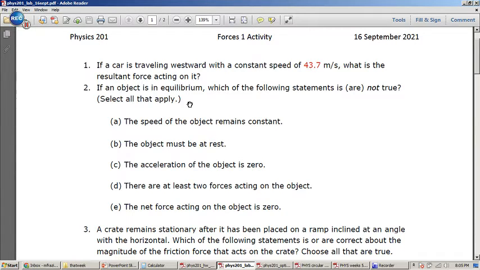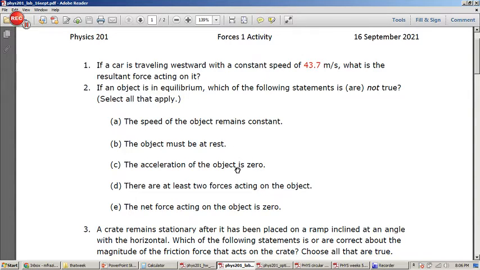So number 2 is talking about equilibrium, which we kind of talked about in previous videos. Equilibrium is that the acceleration is 0, and that is telling you something about the forces. It also tells you something about the velocity. Right? So if the acceleration is 0, is the speed constant or does it change? Does the object need to be at rest if the acceleration is 0? Being at rest means the velocity is 0. Does it need to be 0? Right?